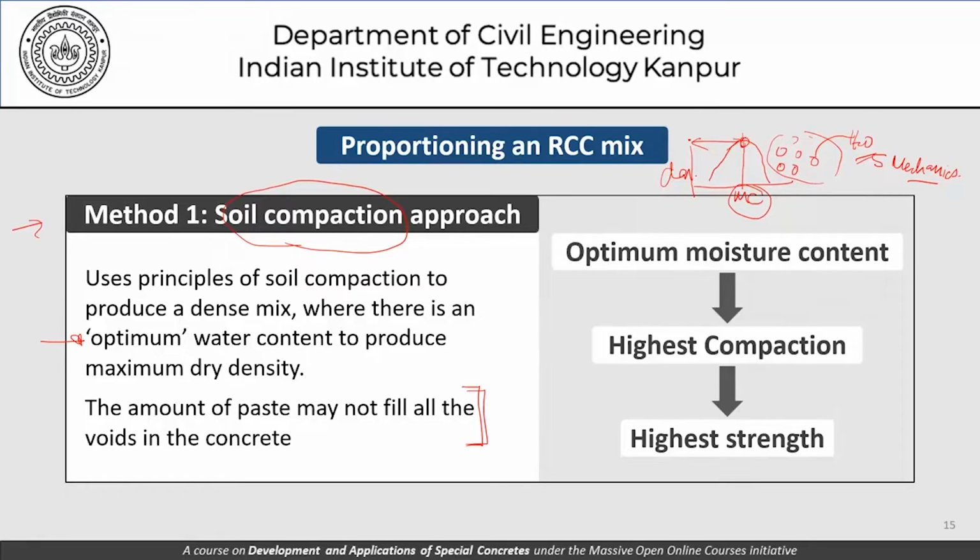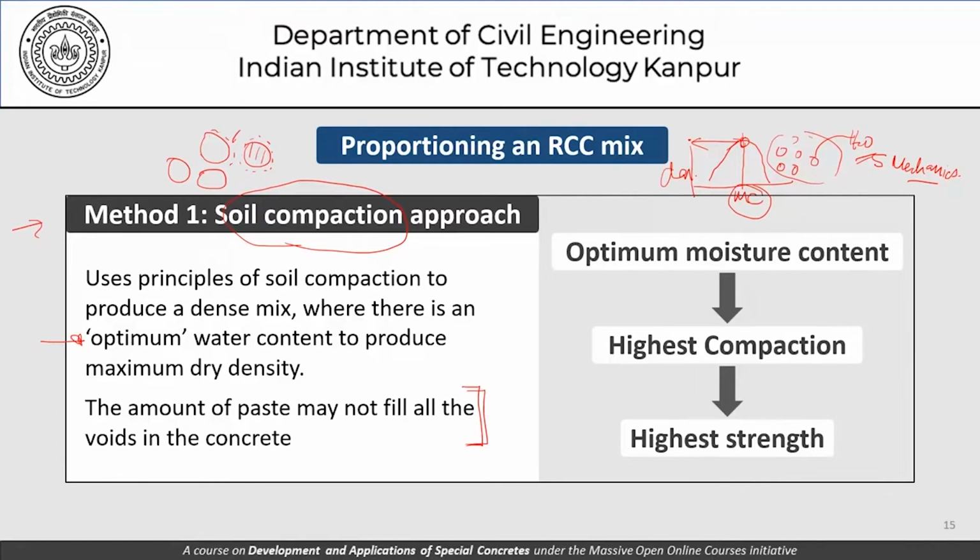If you recall the picture that we have in the beginning, when we're talking of RCC, then indeed it makes some sense to say that we look at coarse aggregate particles much like soil particles. The fact that they have some kind of coating of paste around them just contributes to the moisture.